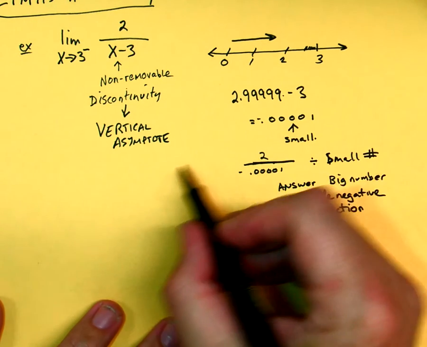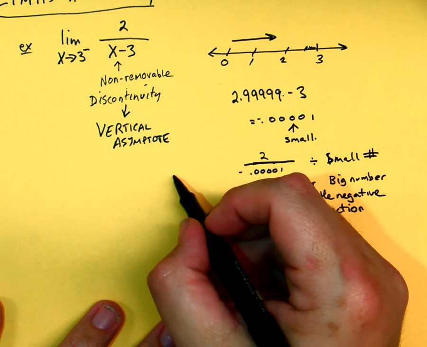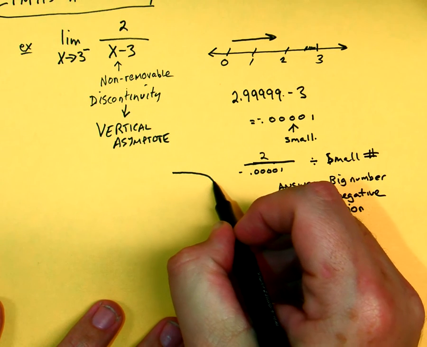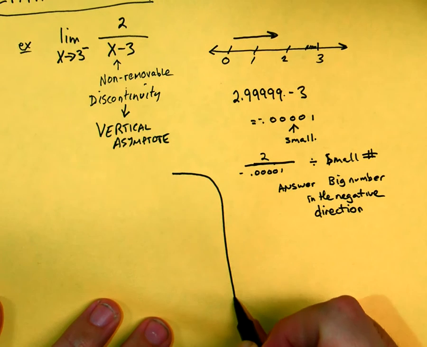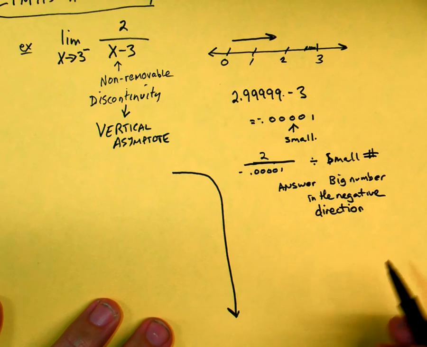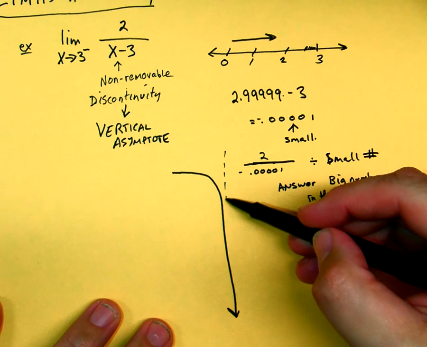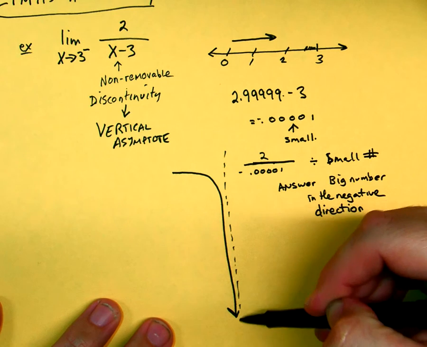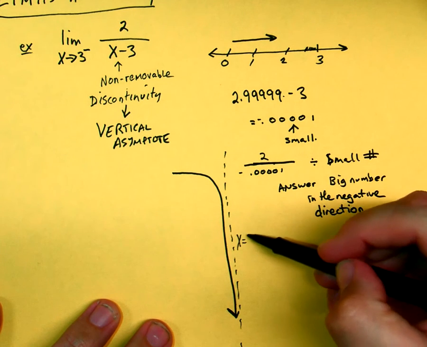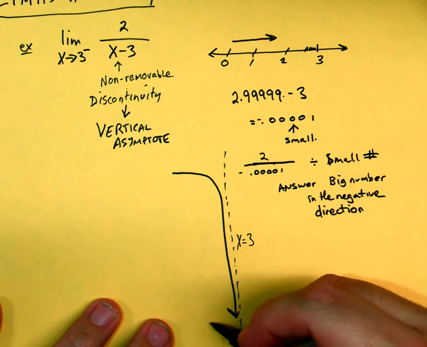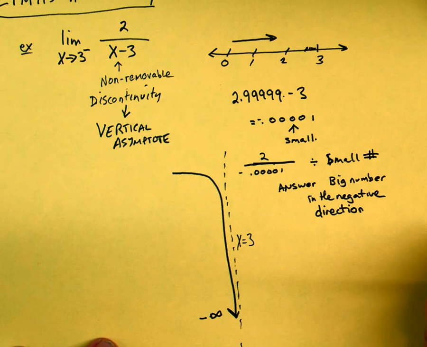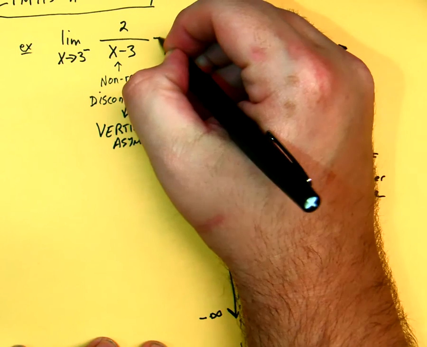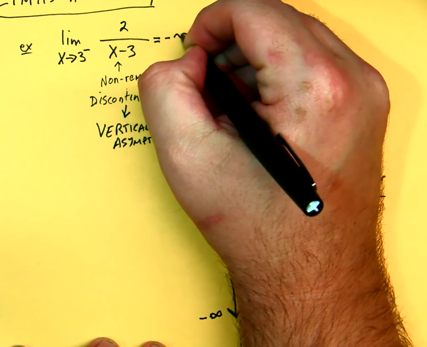And what happens is the function is just going and going forever, but it's never going to hit x equals 3. It's going on forever towards negative infinity. So now the limit would actually equal negative infinity.